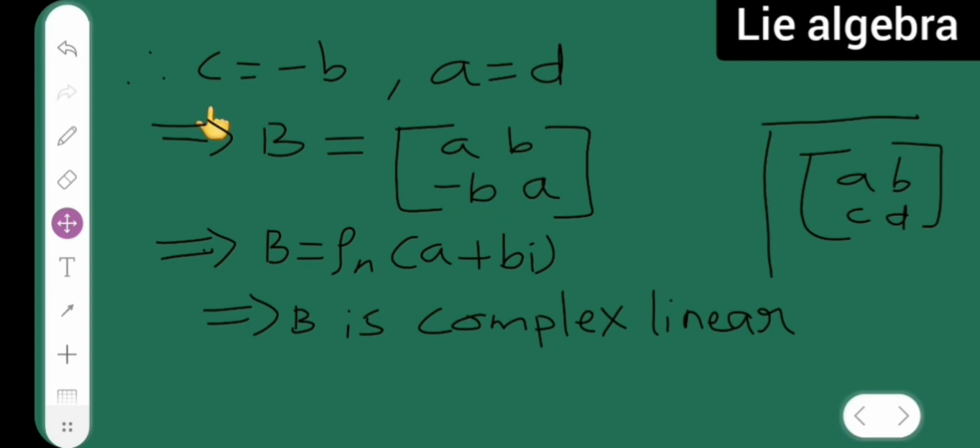C is nothing but minus B, so I wrote here minus B. And D is nothing but A, so I have written it over here. Which implies that B is equal to rho n of A plus B i, which implies nothing but B is complex linear. So I have proved that my B is complex linear.